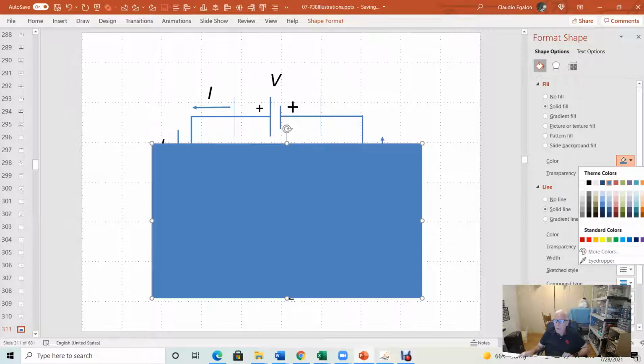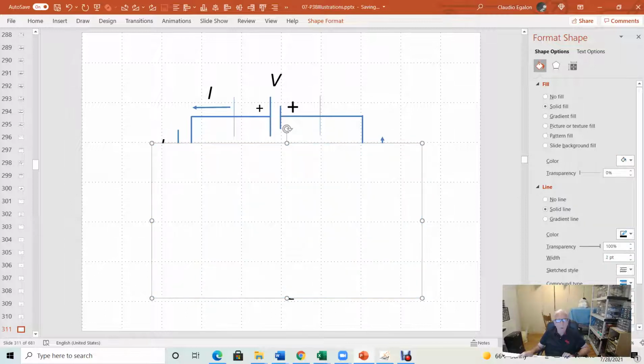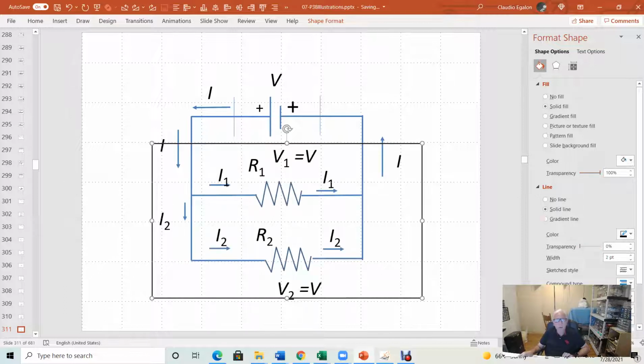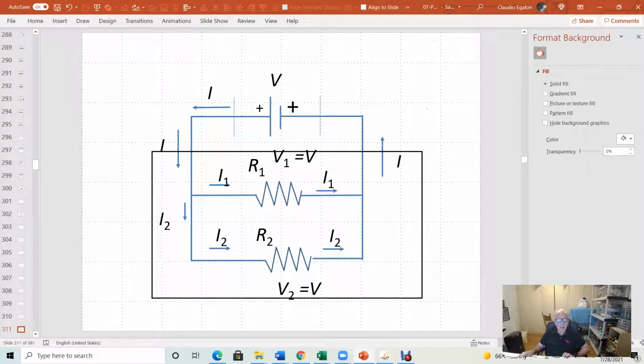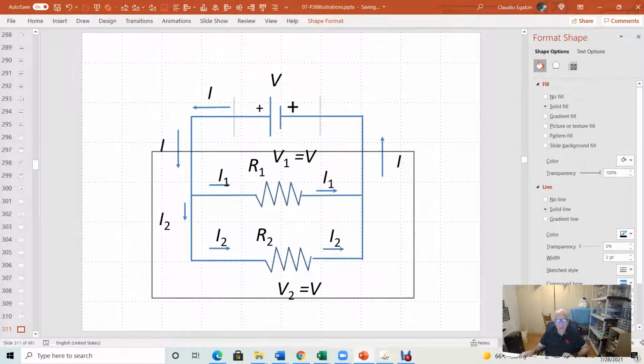I got the wrong one. This one is supposed to be transparent. See, when we combine those two resistors, we go to the next step, and I'm going to put dashed lines, so you know that we are combining them. Like that.